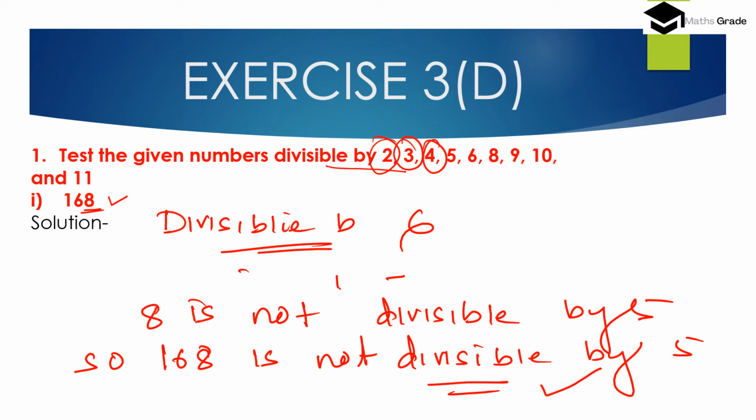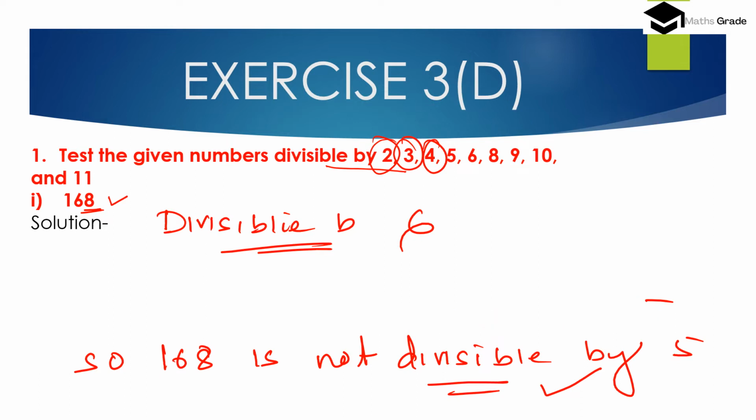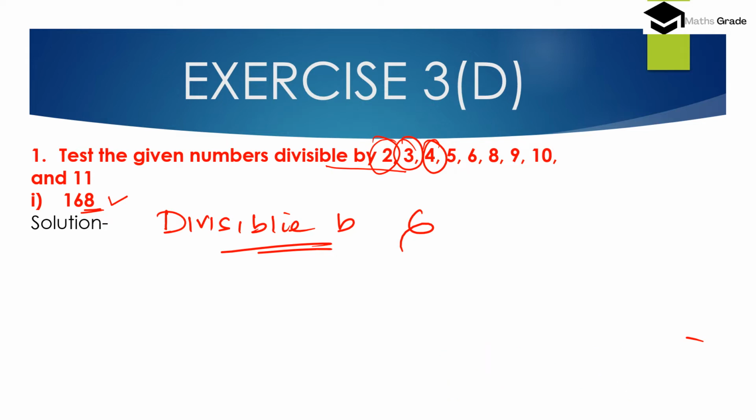We know any number is divisible by 6 if the number is divisible by both 2 and 3. 6 is 2 multiplied by 3. So we have to check whether this number is divisible by 2 and by 3 or not.